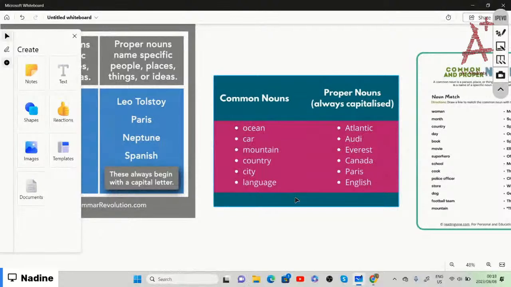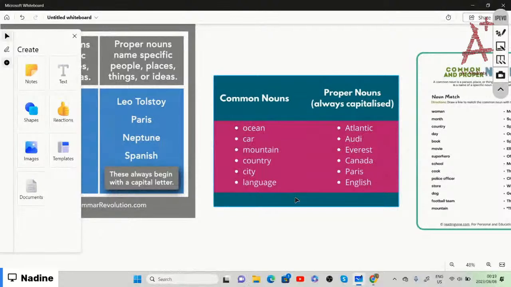Just an example. Common noun, just mentioning city, a random city, or generalizing a city. But if we specifically state the proper noun of a specific city, then we can say Paris, Cape Town, or Johannesburg, for example.